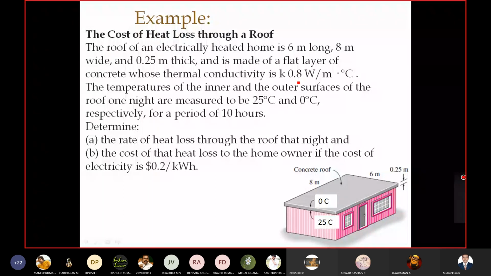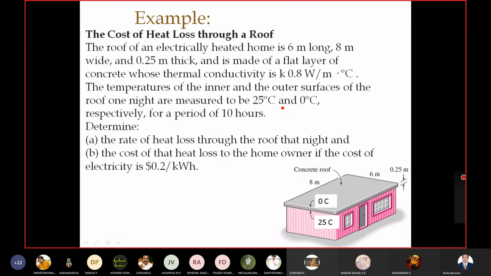The temperatures of the inner and outer surfaces of the roof one night are measured to be 25 degrees Celsius and 0 degrees Celsius respectively. So T1 and T2 values were given.